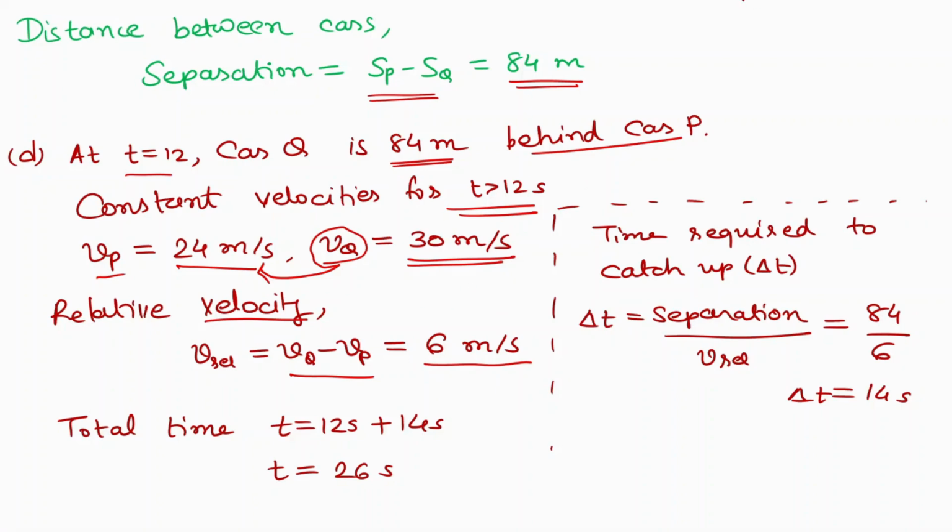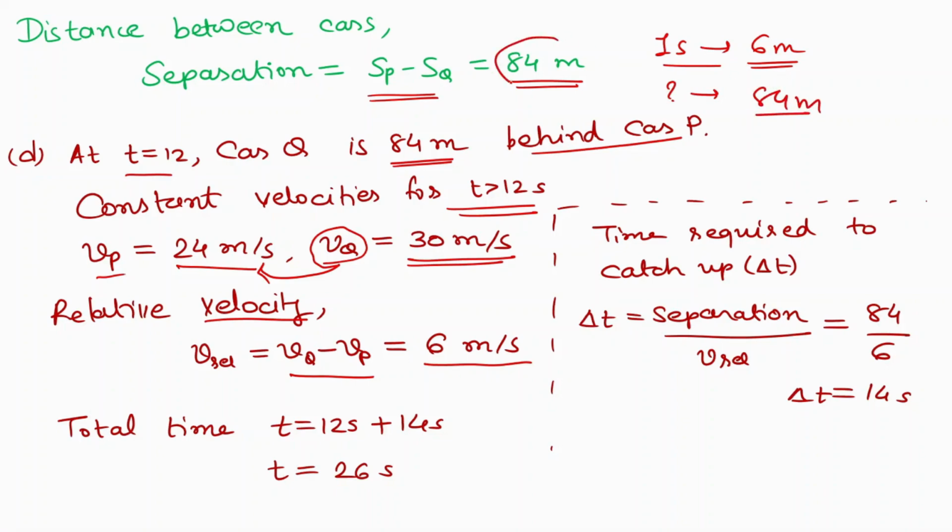Car Q gets nearer to car P because its speed is greater than P. So for every 1 second, it is going to decrease the distance between the two cars by 6 meters.